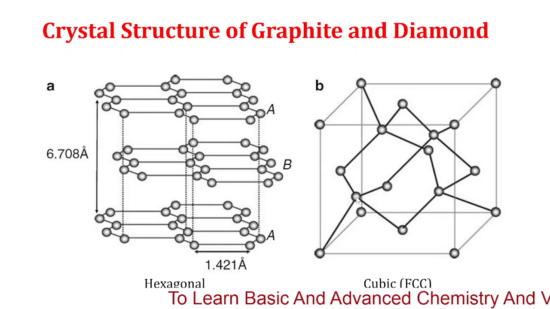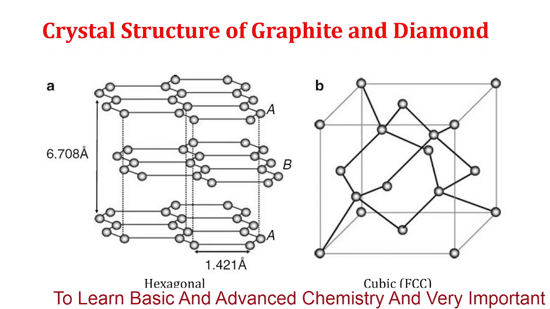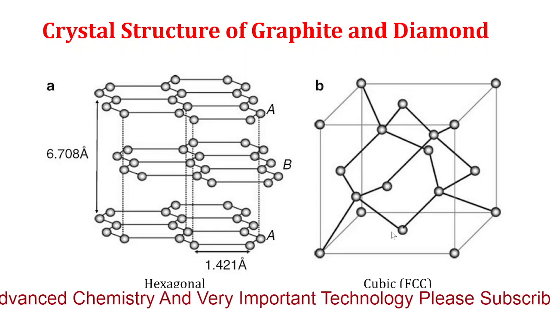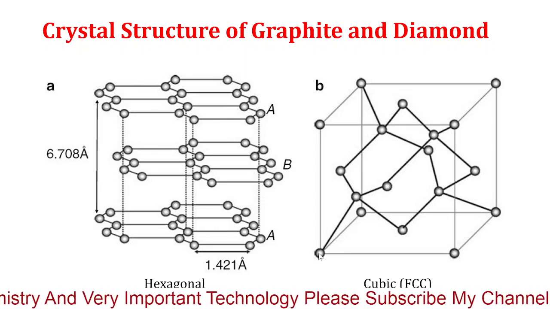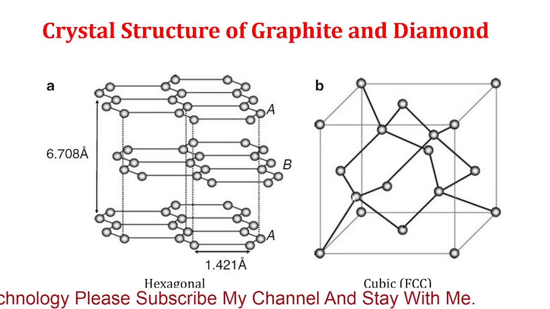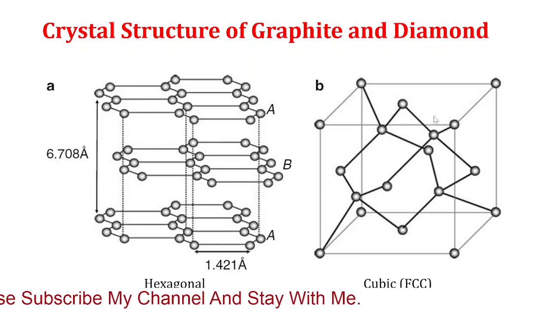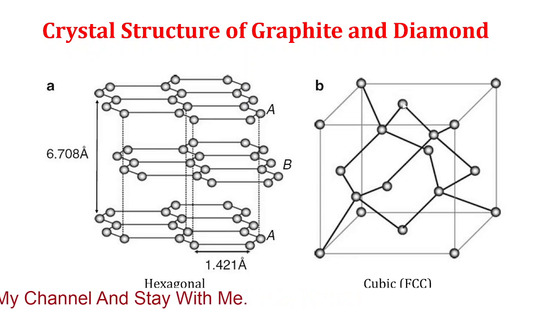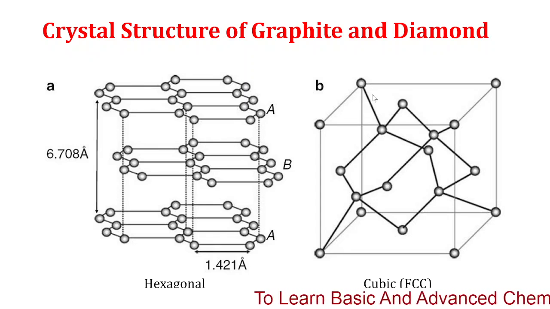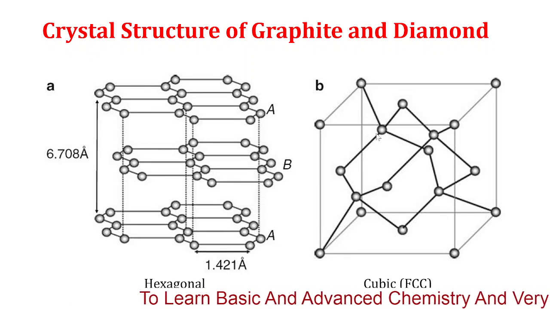If we consider this carbon atom, it is attached to this carbon, this one to this carbon, and this one to this carbon, and that structure is very fixed. Here you can see for this carbon, this is attached to this one and this one. So that type of structure is very rigid, and it is very hard to break these types of bonds. The attraction force between these carbons is very high.